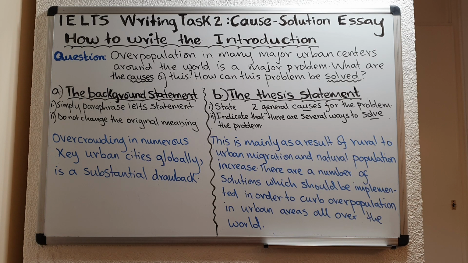We replace many with numerous. Numerous and many mean exactly the same. The next word is major. I replace the word major with key. Key and major in this context mean exactly the same.